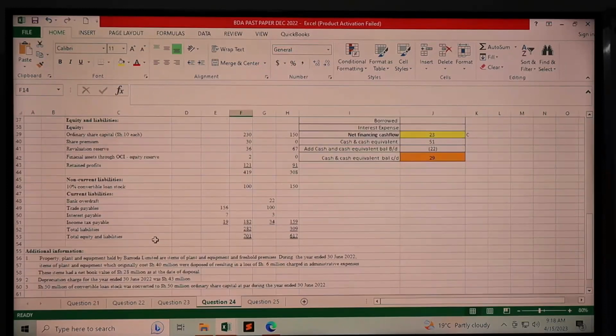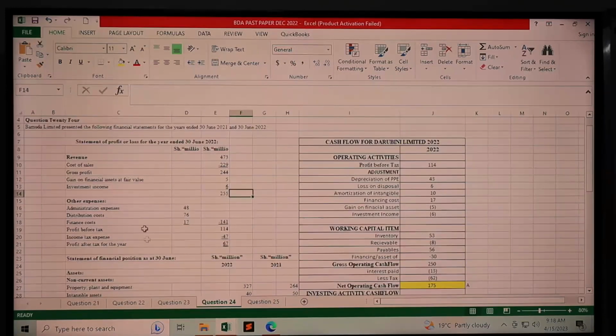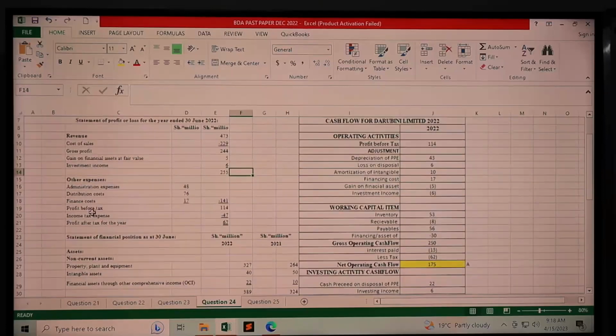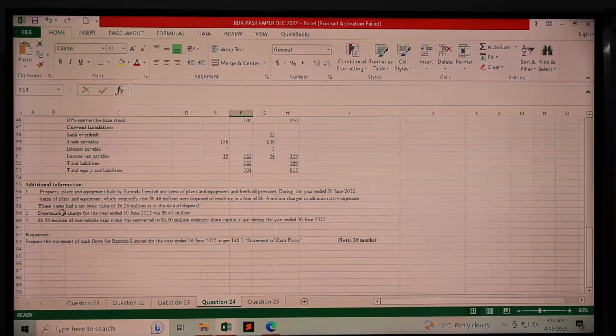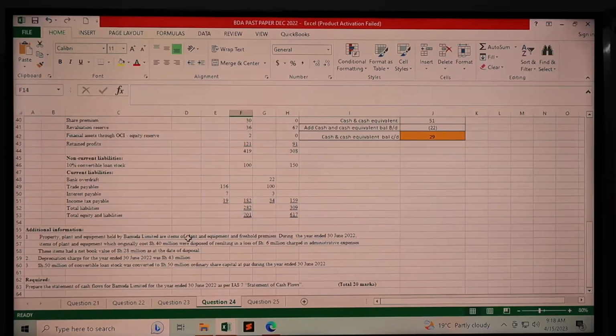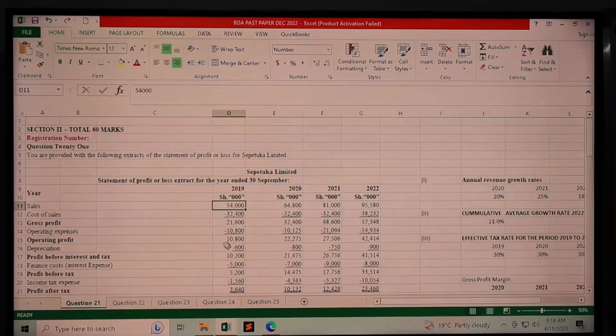It is important to check through. Check even the items, the statement itself you are given, and then read the additional information. Always read the additional information. You should not just start the question without reading the additional information. That is very important.